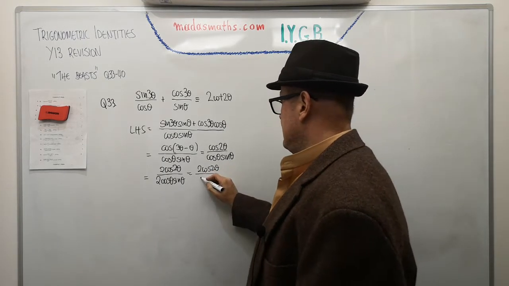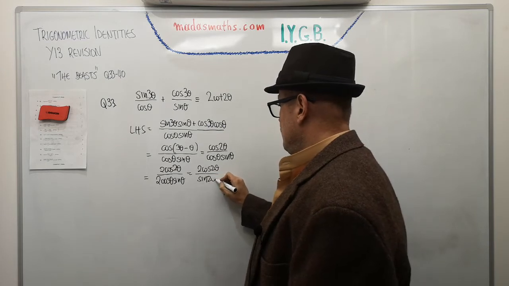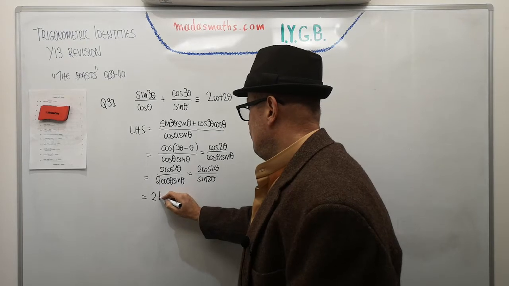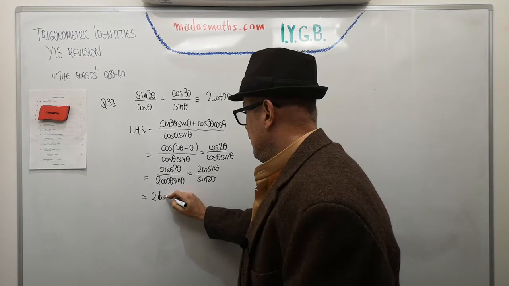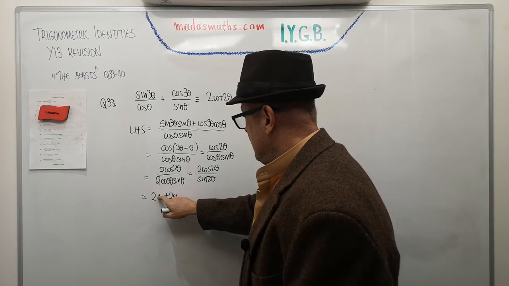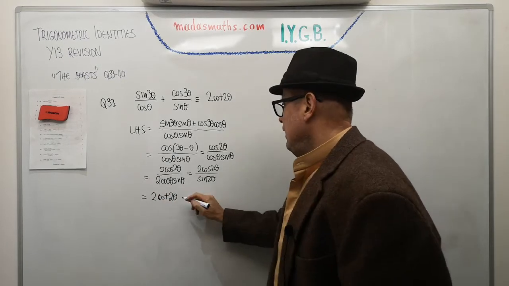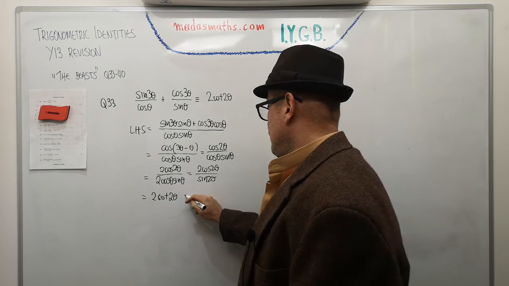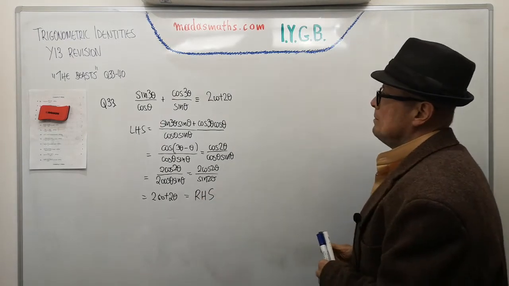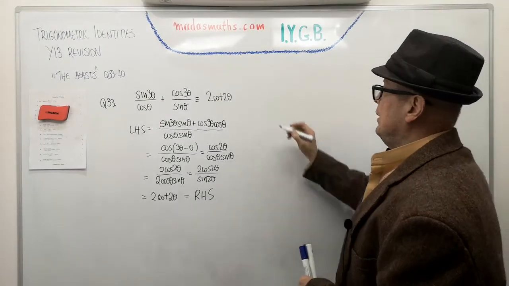That is in fact the sine of 2 theta, which gives us 2 lots of cot of 2 theta. Very badly written. I was going to write tan there for a second. 2 lots of cot of 2 theta, which of course is the RHS. So this is the identity proven. So that was number 33.